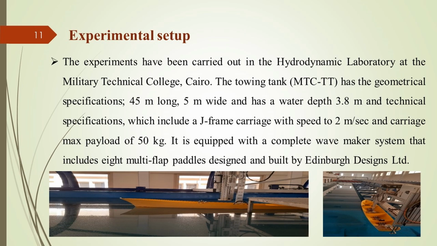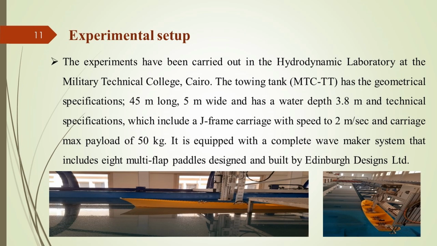The calculations here use the SST k-omega turbulence model. After finishing the numerical calculations, we move to the experimental setup. First, we talk about the Military Technical College towing tank in Cairo, Egypt. This towing tank is 45 meters long, 5 meters wide, and water depth 30.8.